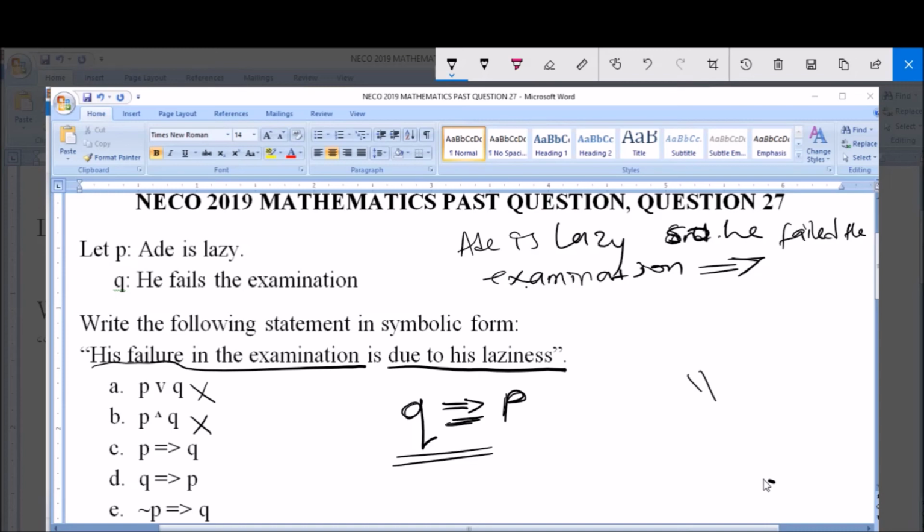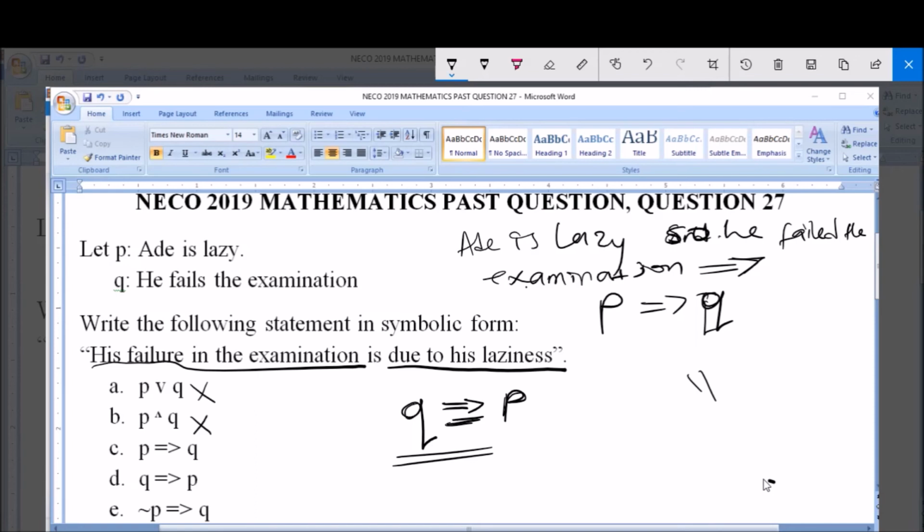That would have been C, meaning statement P implies statement Q. But now this is the order: his failure in the examination, so statement Q comes before statement P, is due to his laziness.